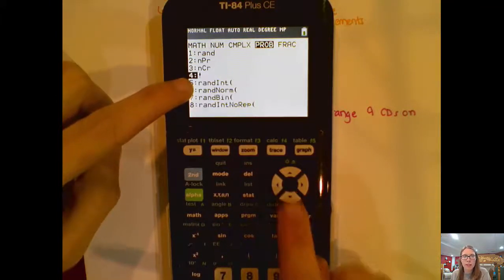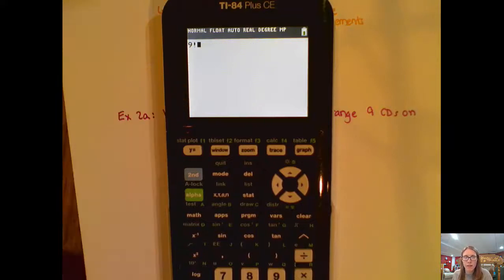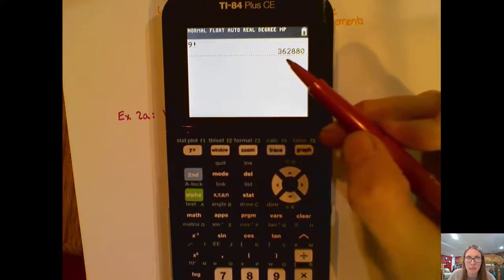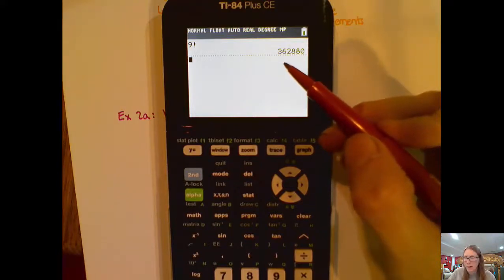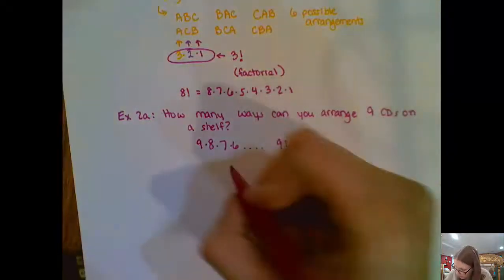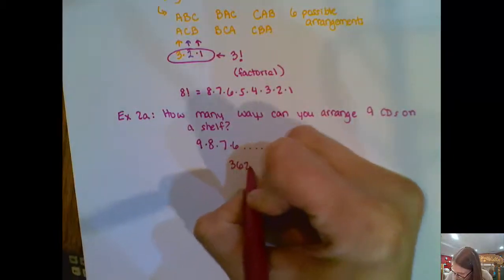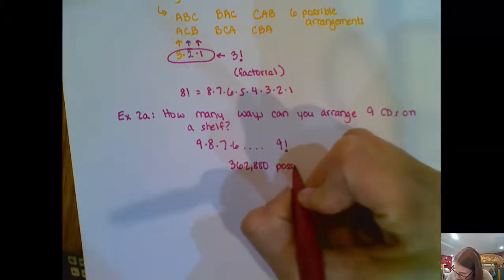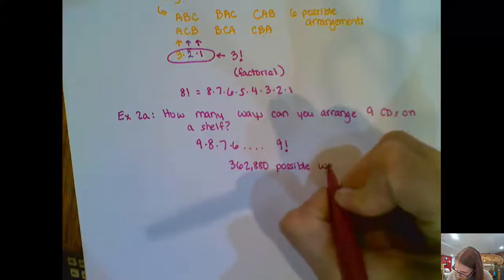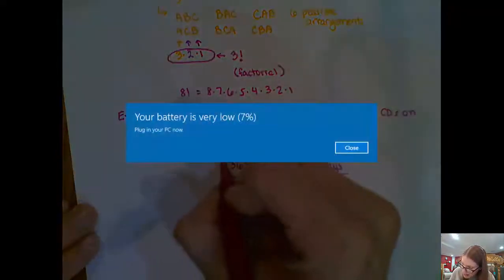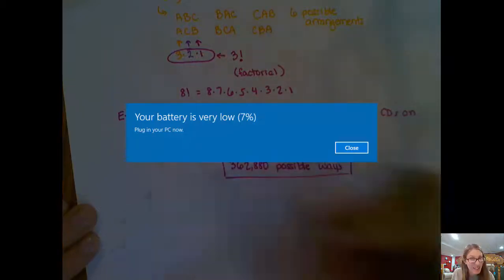Option number 4 is your factorial key. Hit enter. This tells us what the 9 times 8 times 7 times 6 times 5 all the way down to 1 gives us. 362,880. That is a lot of possible ways that you can arrange your CDs on your shelf.